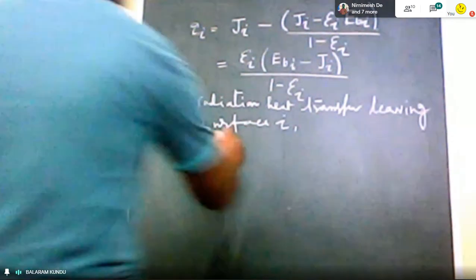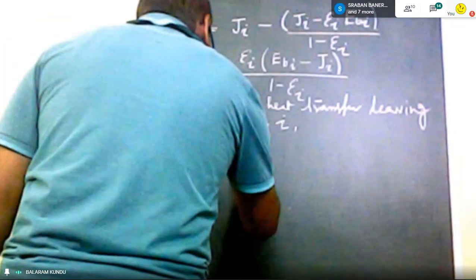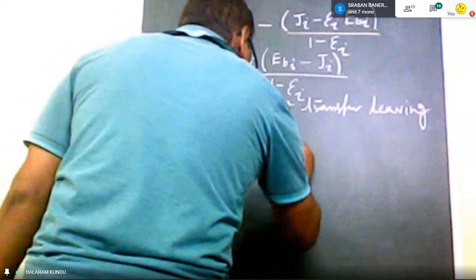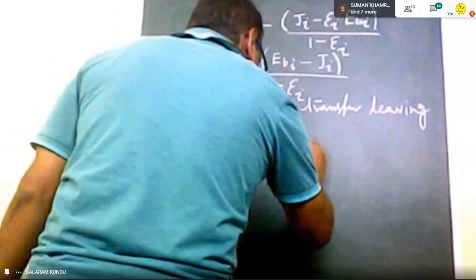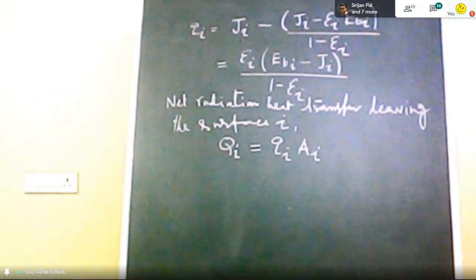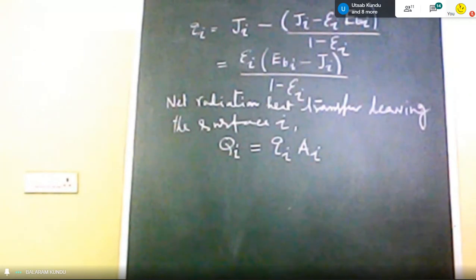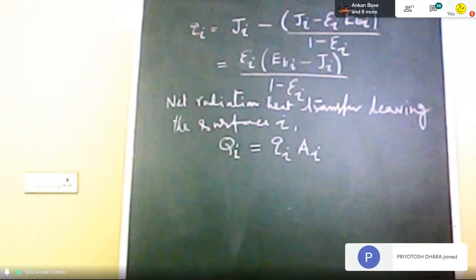So capital Q suffix I should be equal to small qi into surface area AI. AI is the surface area of the ith surface or the surface area of the I body. So QI into AI.